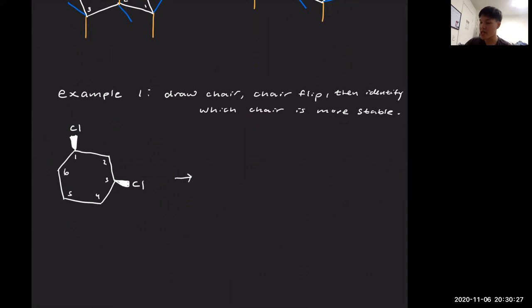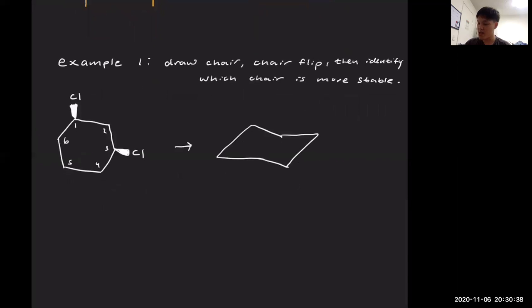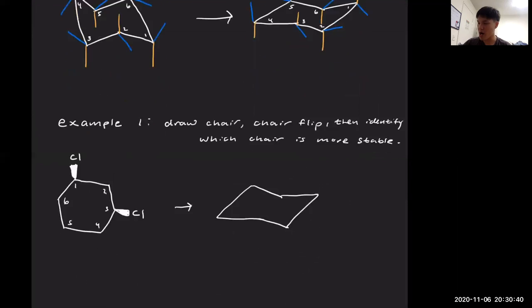I'm going to draw it first in the original chair, which is like this. Oh, sorry, I drew it the wrong way. So it's like this. Yes, there is a way of drawing chairs, which is really, really weird.